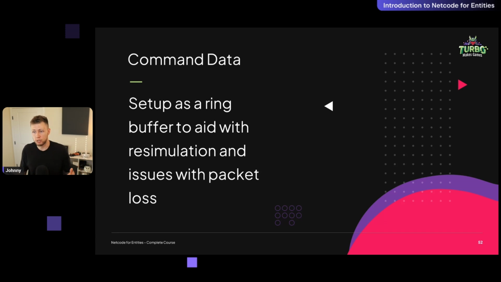This would be especially important for input data, where if on one frame a player presses a button and they try to send it to the server, but there is some network packet loss, and the server never actually receives that, hey, I pressed the jump button, then that's of course an issue.